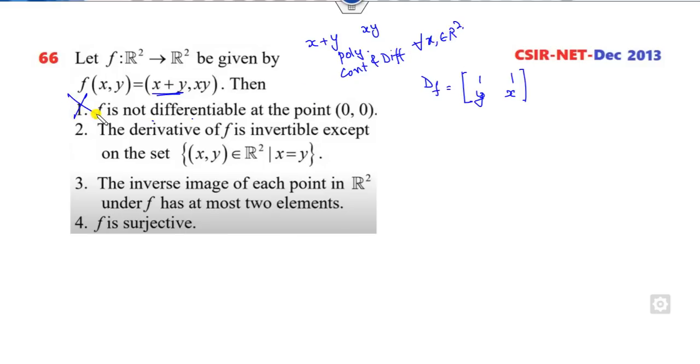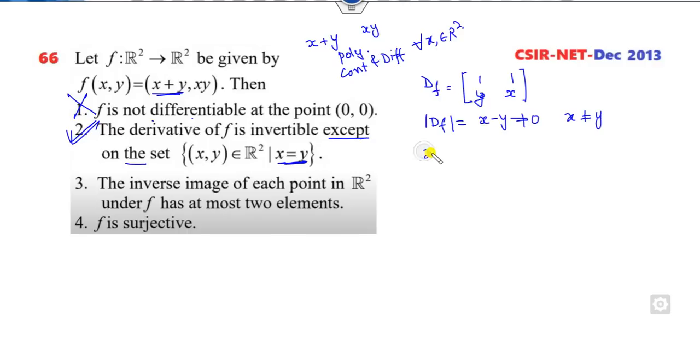So F is differentiable. Derivative of F is invertible. What is the derivative? It is invertible only when x is not equal to y, except on the set x equals y, is the correct option.